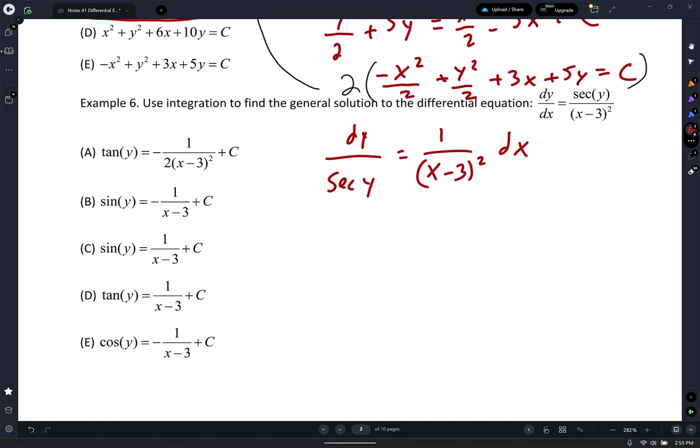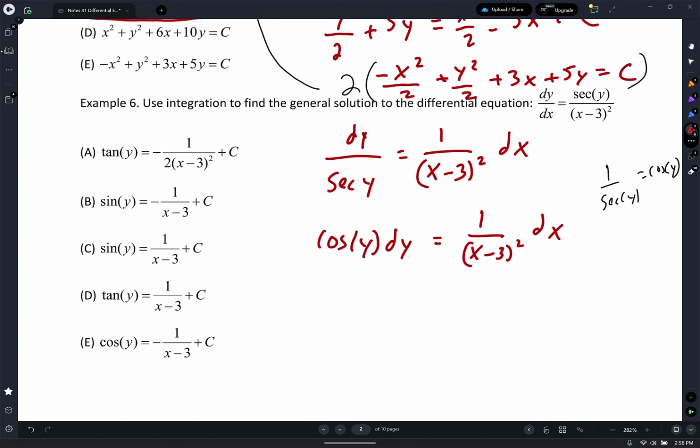Slow down. 1 over secant y, you guys all took pre-cal, is the same thing as cosine y. So I can rewrite this as cosine y dy equals 1 over (x minus 3) squared dx.